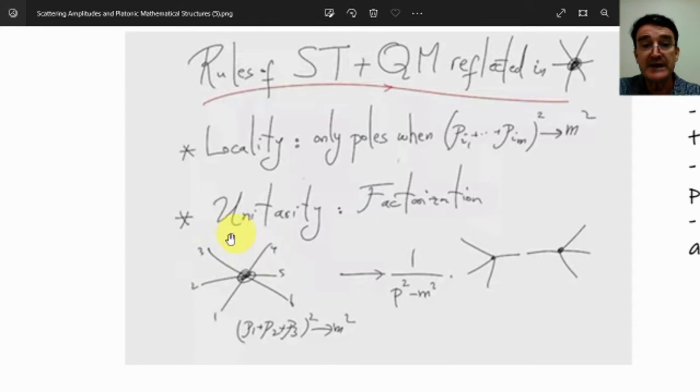So here's a scattering process where a subset of the momenta, P1 plus P2 plus P3, goes on shell. So we have P squared minus M squared on the mass shell, so it's 0, and then we see this factorization into two smaller or lower-point amplitudes.